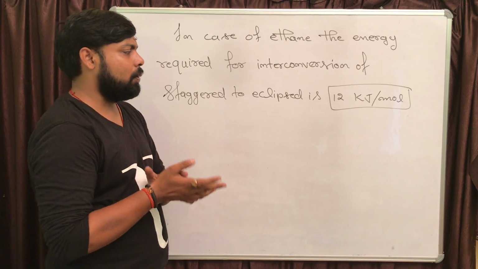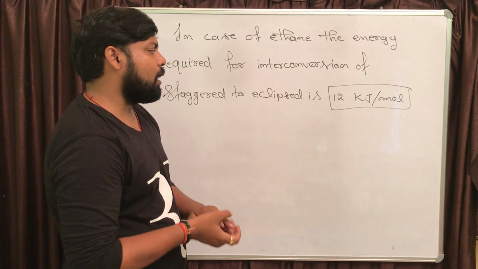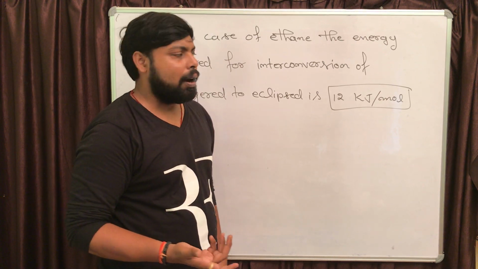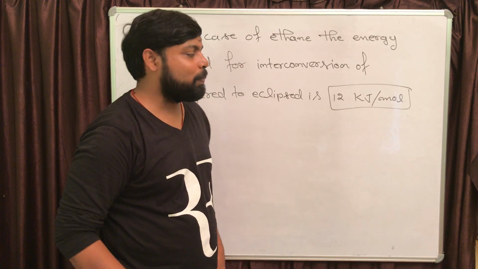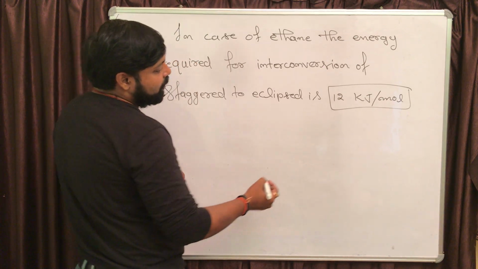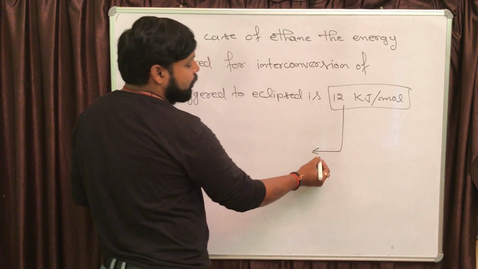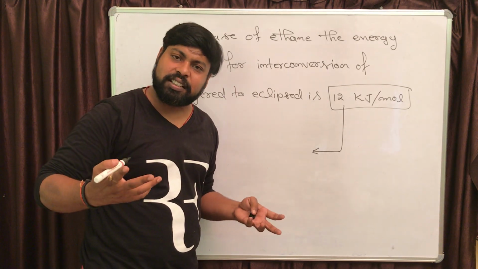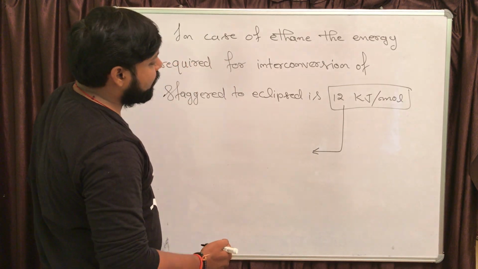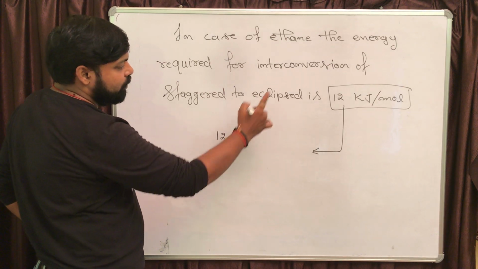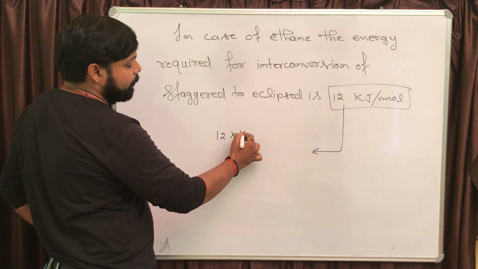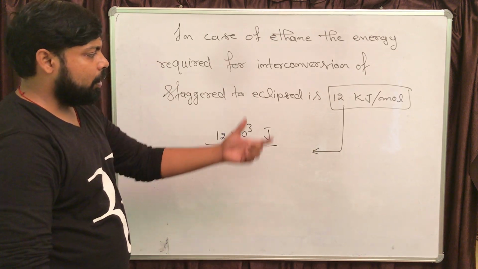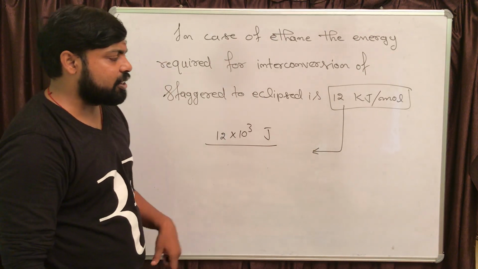For better understanding, calculate this energy per molecule, then you can feel how much energy it is. If I want to calculate the energy required per molecule, for one molecule, converting from staggered to eclipsed, let us say it is 12 kilojoule. Convert that kilojoule into joule, multiplied by 10 raised to 3, so 12 into 10^3 joule. In the denominator it is written 1 mole.